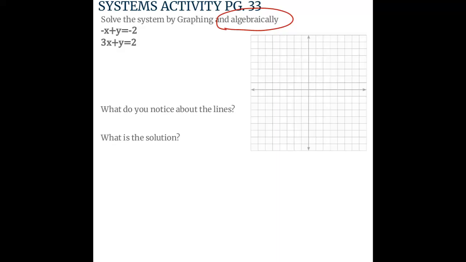Did you get it algebraically, or are you just getting it in y form? Minus y. Okay. Yeah. That's that one.